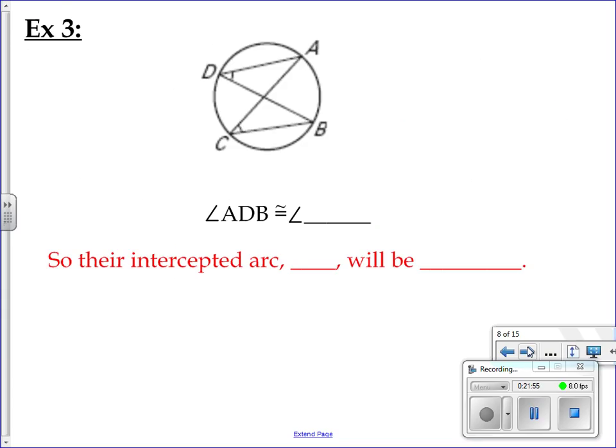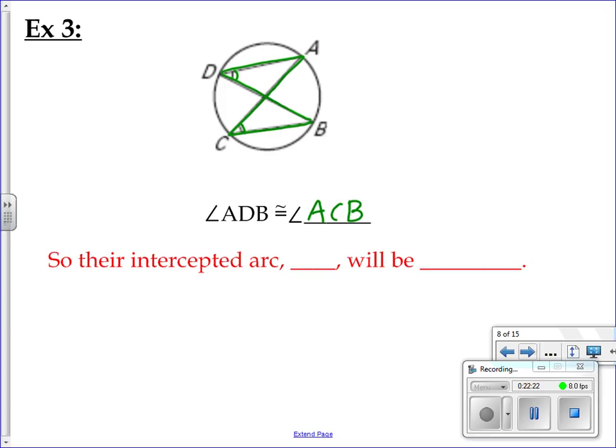Okay, so here's basically just a brief explanation of what we just did. So this says angle ADB is congruent to angle blank. So as you can see, it's already drawn here, angle ACB, because they have the same angle markings.